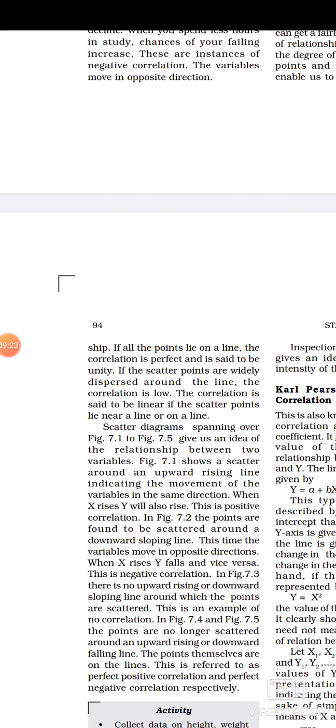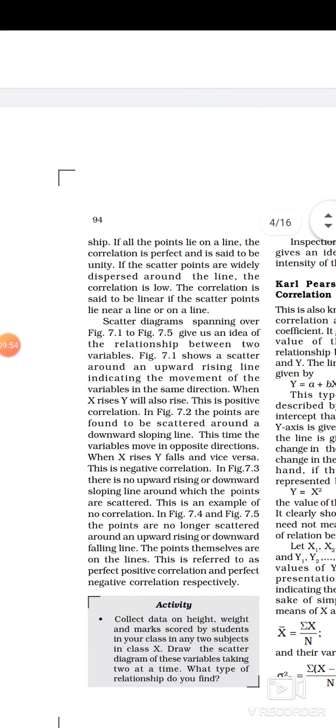If all the points lie on a line, the correlation is perfect and is said to be unity. If the scatter points are widely dispersed around the line, the correlation is low. The correlation is said to be linear if the scatter points lie near a line or on a line. Scatter diagrams spanning figure 7.1 to figure 7.5 give us an idea of the relationship between two variables.